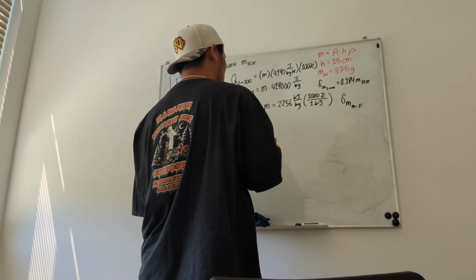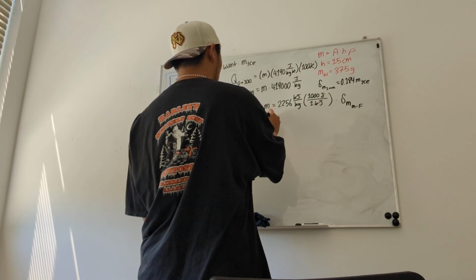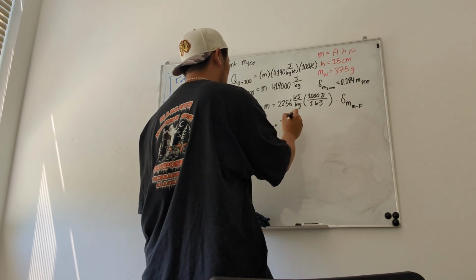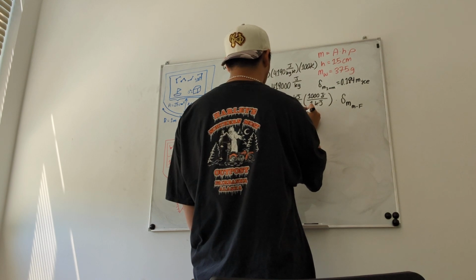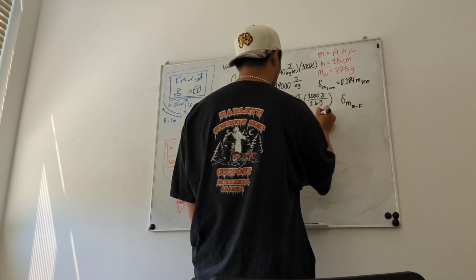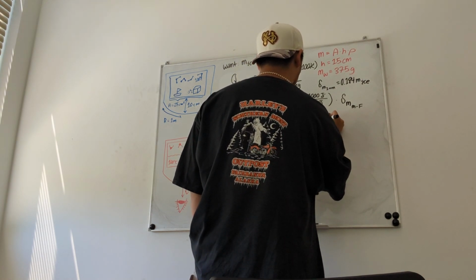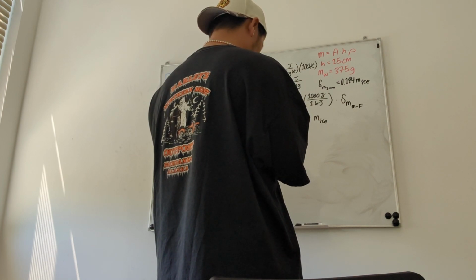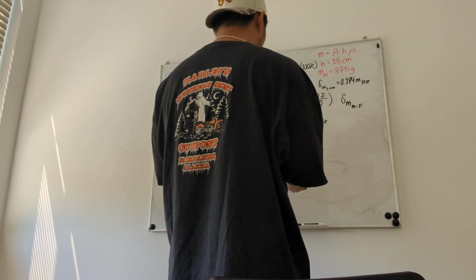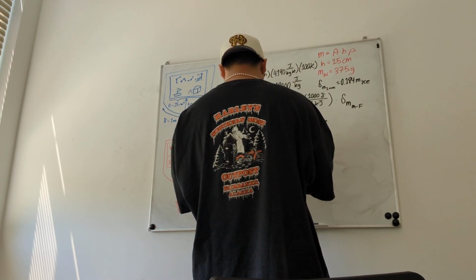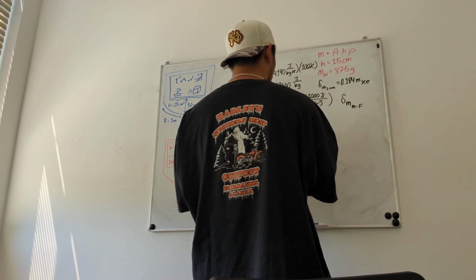And what we're left with is the mass from middle to final is equal to 41,900 over 2,256,000 times our mass of ice, and that results in 0.1857. Right?